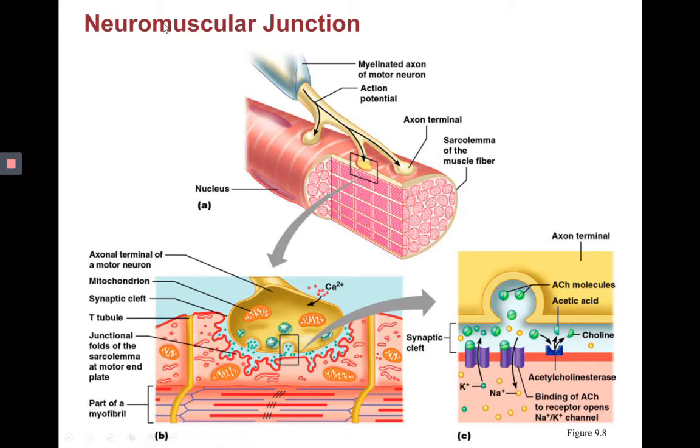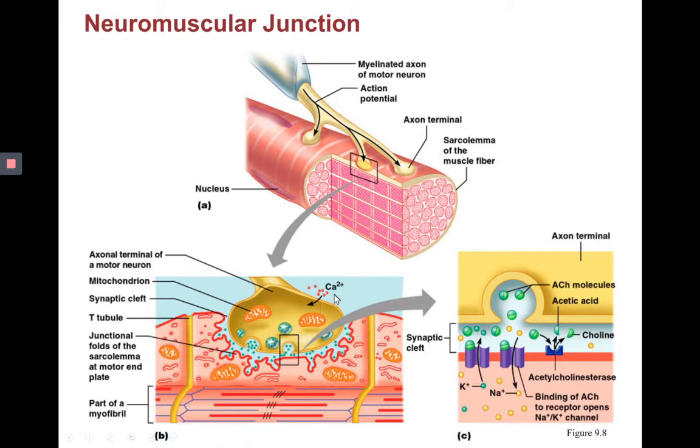So the steps here are the electrical signal that we're calling an action potential travels down the axon to its end. It travels to each of the individual axon terminals. Within the axon terminals are synaptic vesicles that contain acetylcholine. When the electrical signal, the action potential, reaches an axon terminal, it opens voltage-gated calcium channels.